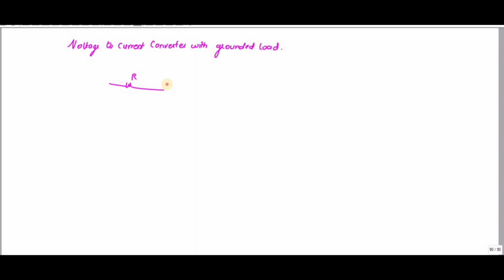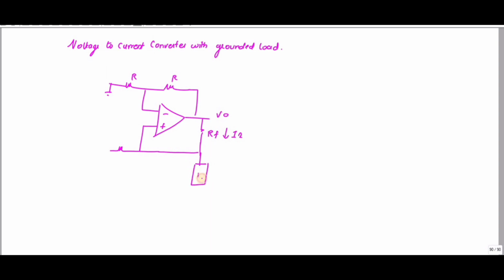Here you can see I have used two resistances, and this is your RF. The current flowing through this one is I2. Here you can see the RL is grounded.